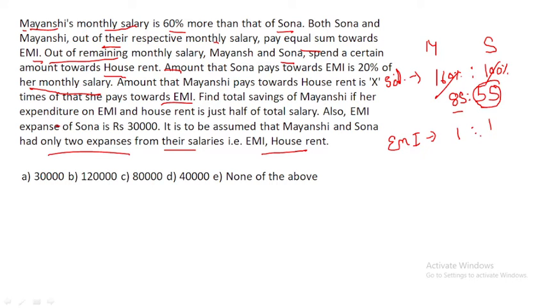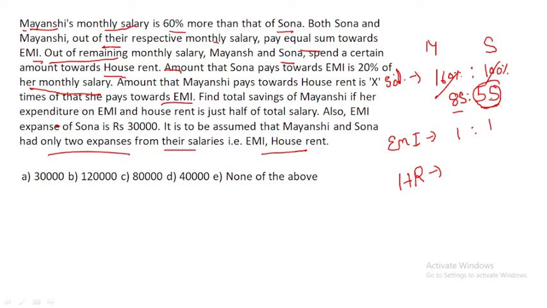Okay. Now after this, what is given? Out of the remaining monthly salary, Mayanshi and Sona spent a certain amount on house rent, so we are representing that by HR, house rent. The amount that Sona pays towards EMI is 20% of her monthly salary. Sona's salary, how much did we assume?